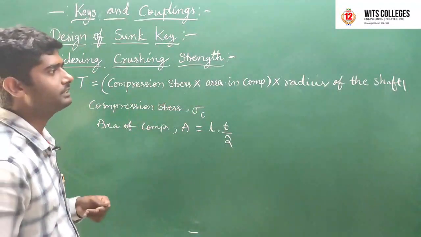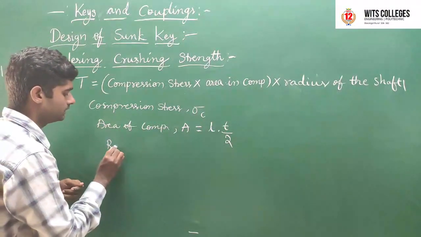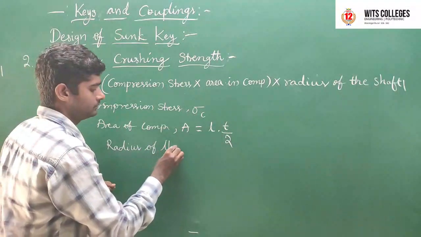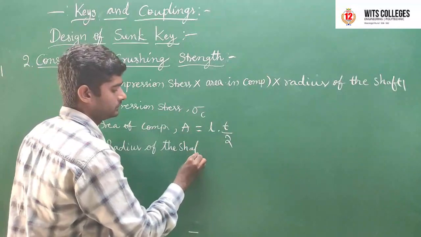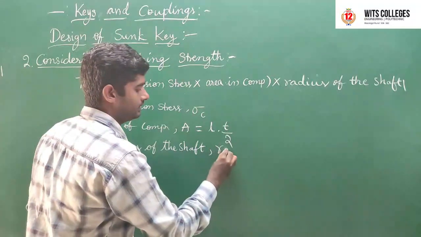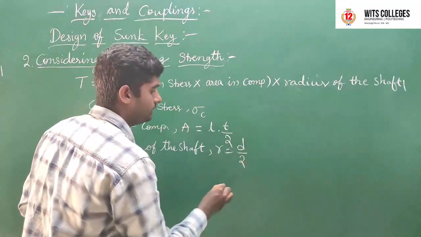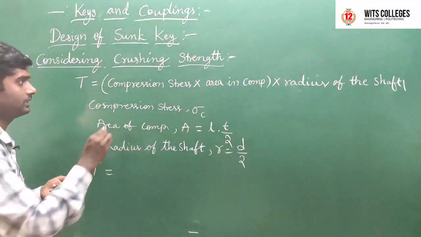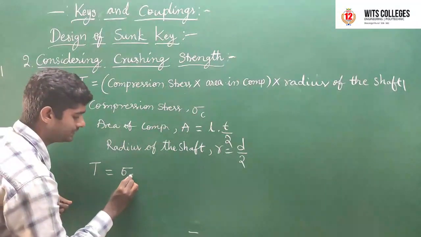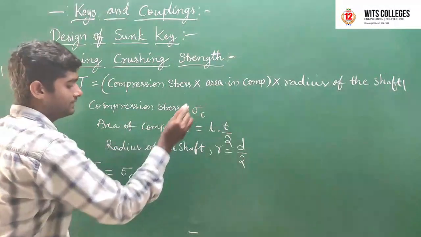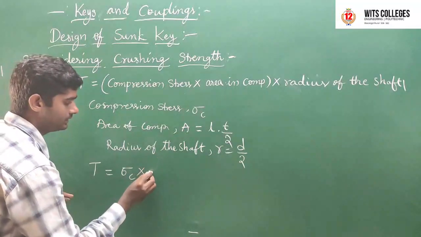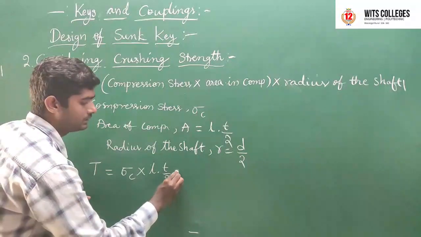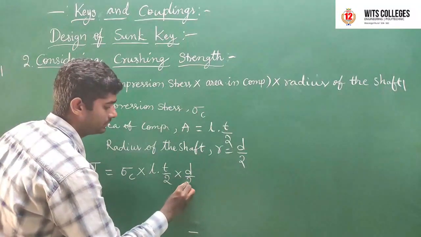Next, radius of the shaft is denoted by R is equal to D by 2. Using this, T is equal to compression stress sigma C into area of compression L into T by 2 into radius of the shaft D by 2.